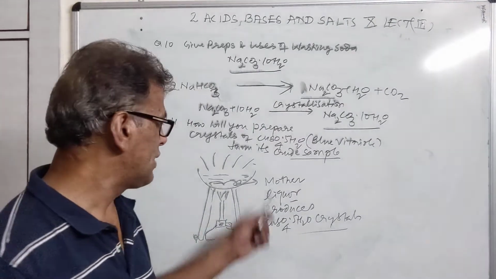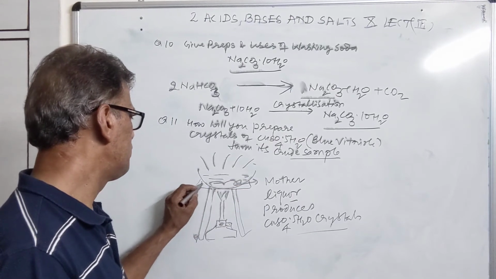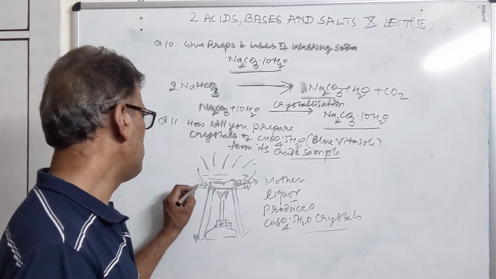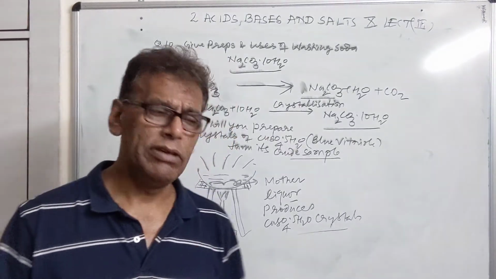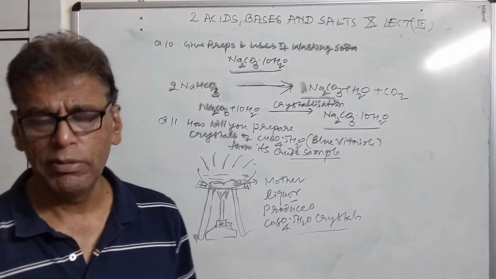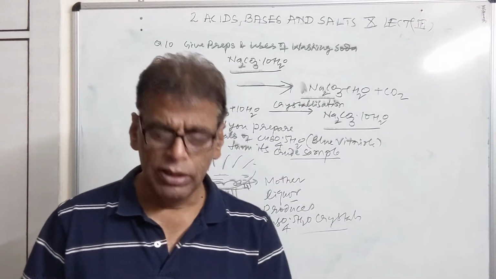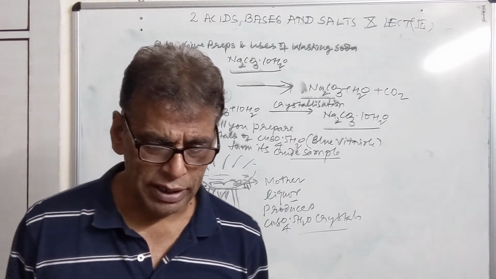The filtrate is taken in a china dish, kept over a wire gauze and heated by a burner. When water evaporates, it leaves behind a concentrated liquid called the mother liquor. This liquid is kept for some time, and then it gives a very good yield of copper sulfate pentahydrate crystals.